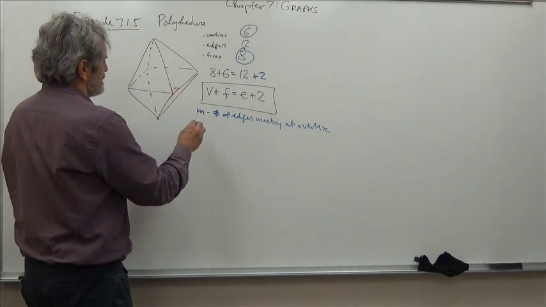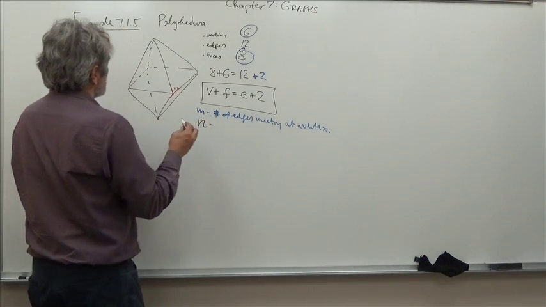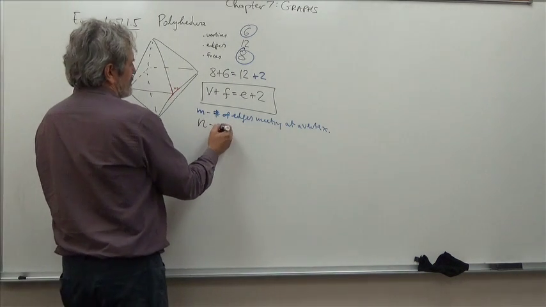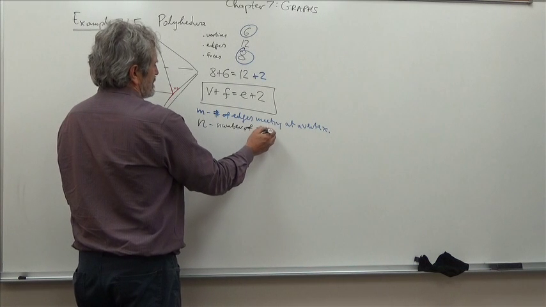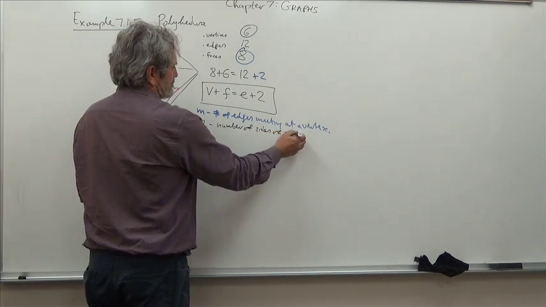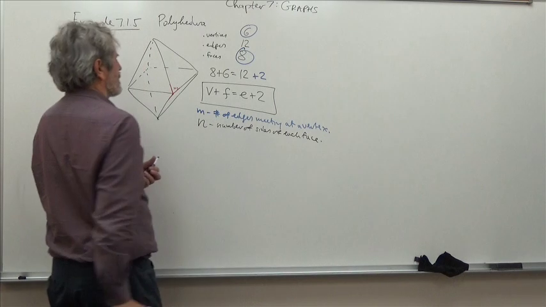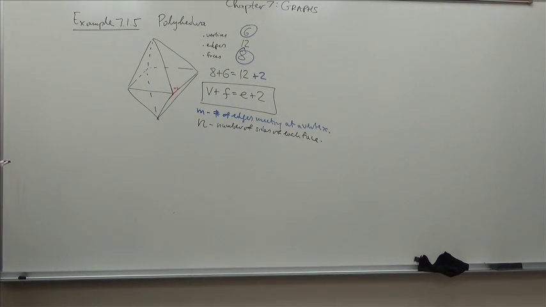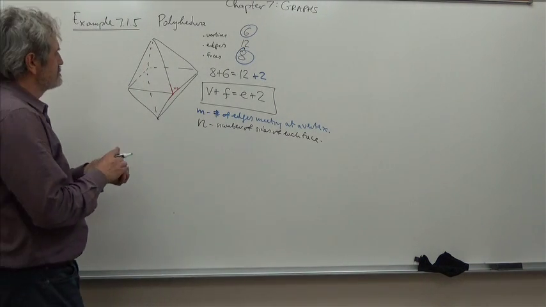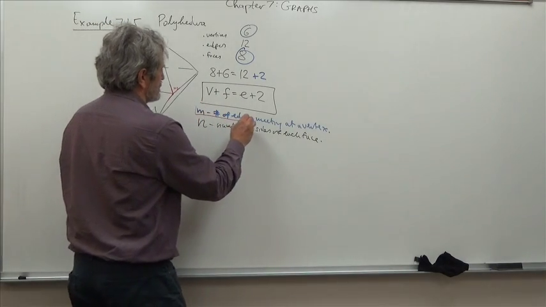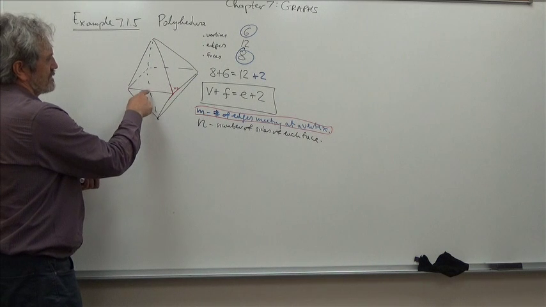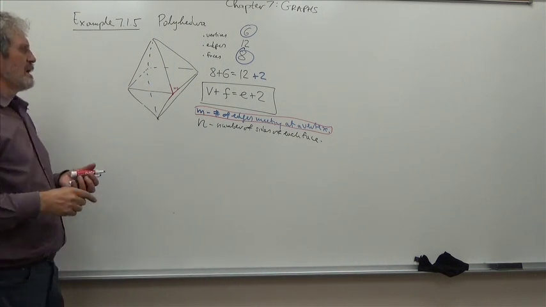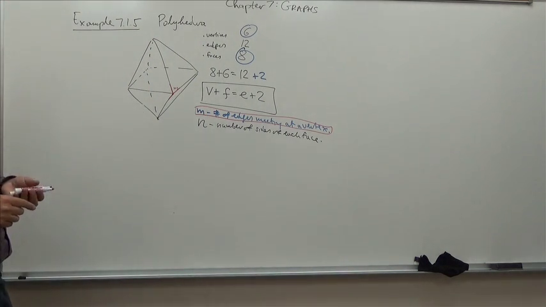And N will be just the number of sides of each face. So for example, here I just have 3 edges on each face, so N would be 3 in this example.